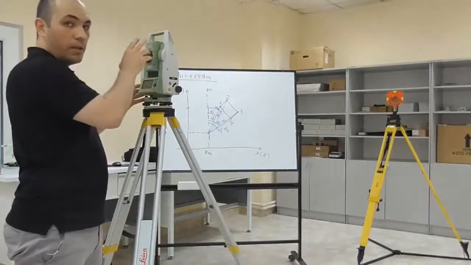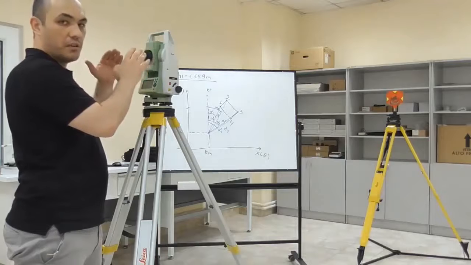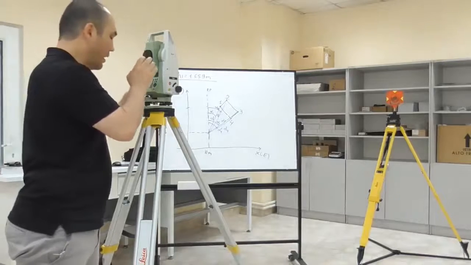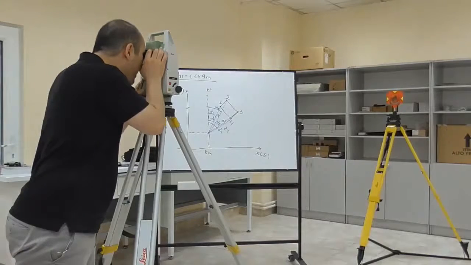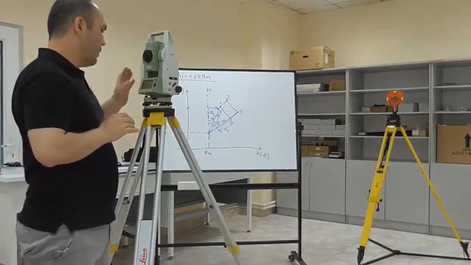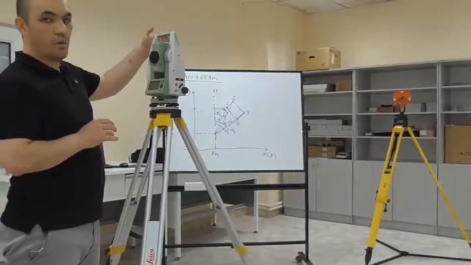When both crosshairs are bisected and I find the right moment, I press set. Now I have assigned our reference point.